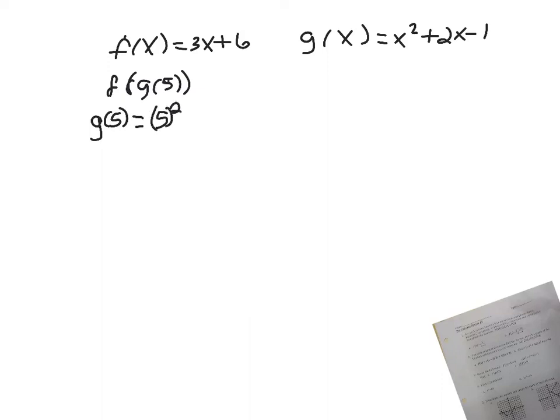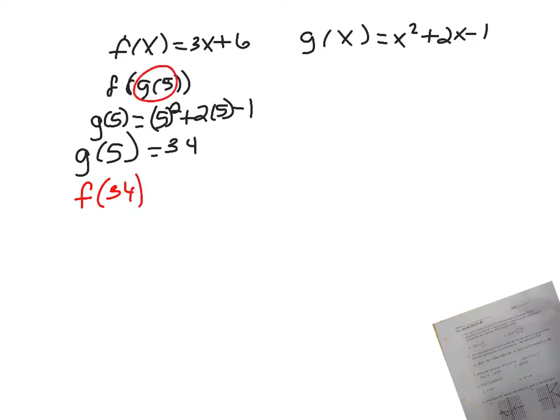So it's 5 squared plus 2 times 5 minus 1. So g of 5 is equal to 34. Now I'm going to do f of 34 because that's what this is equal to. So which means go to my f function.